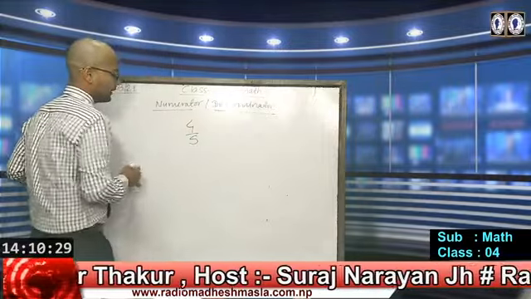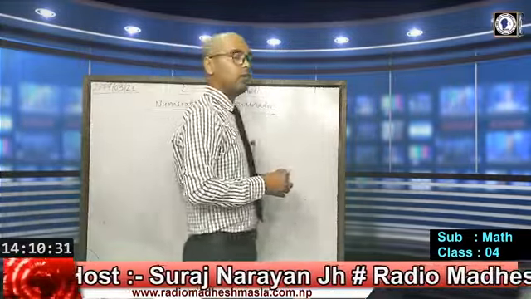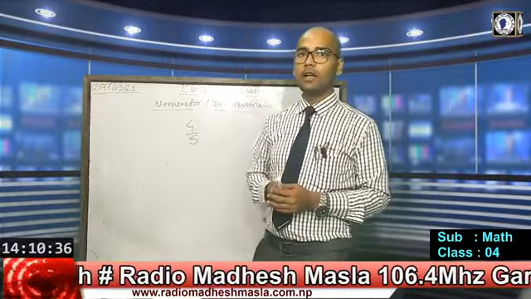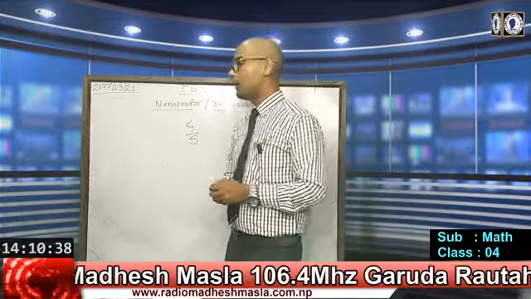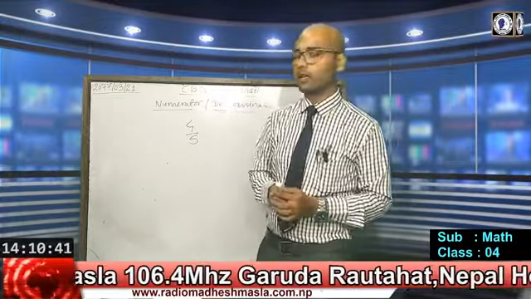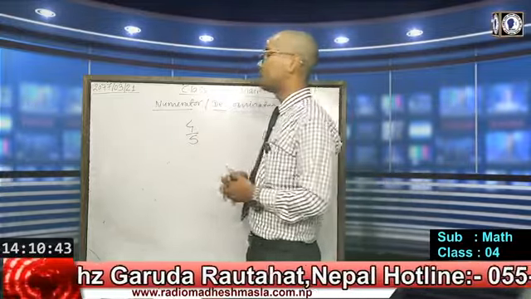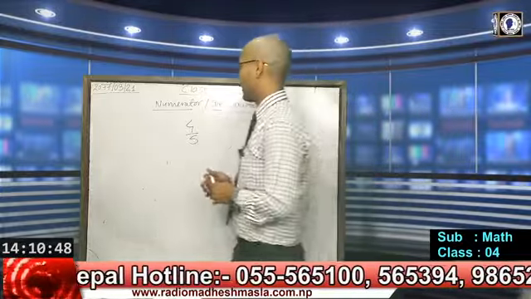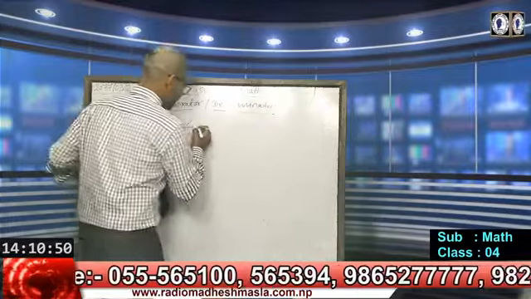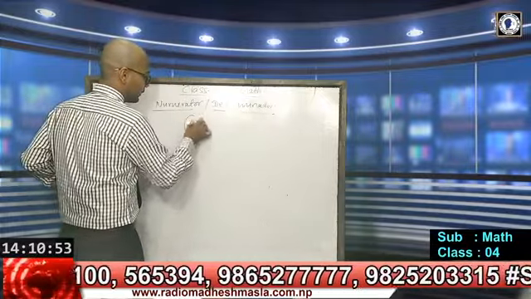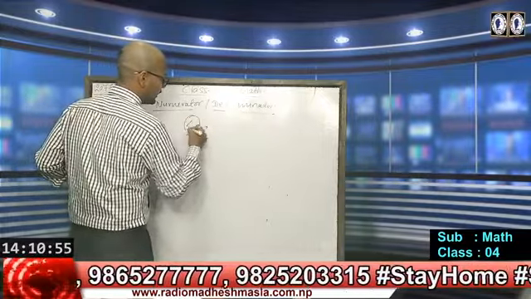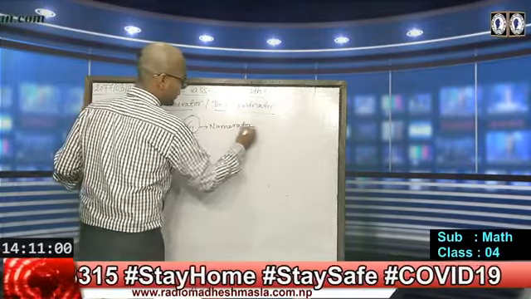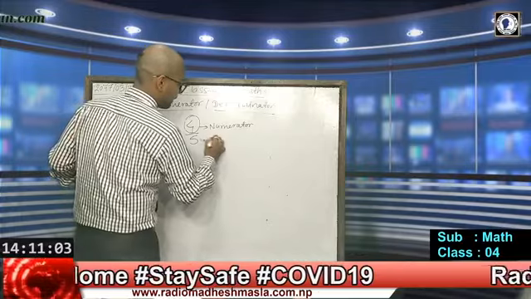4/5. In this condition, if there is a question like this, identify the numerator and denominator of the given fraction, and the given fraction is 4/5, then without any confusion we should show the numerator as 4 and the denominator as 5.